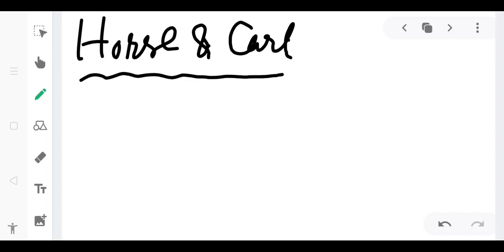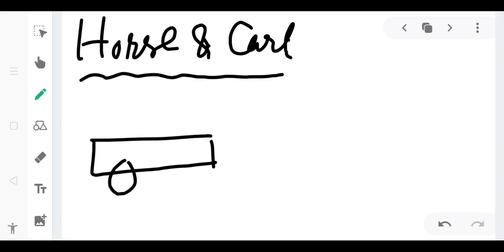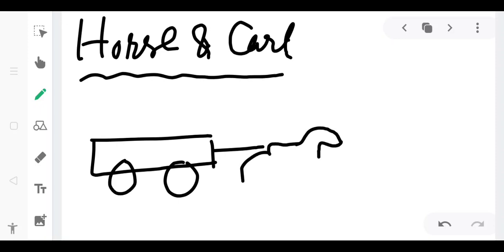See here, all of you might have observed, right? The cart. Okay, horse cart. See, this is the horse, right?